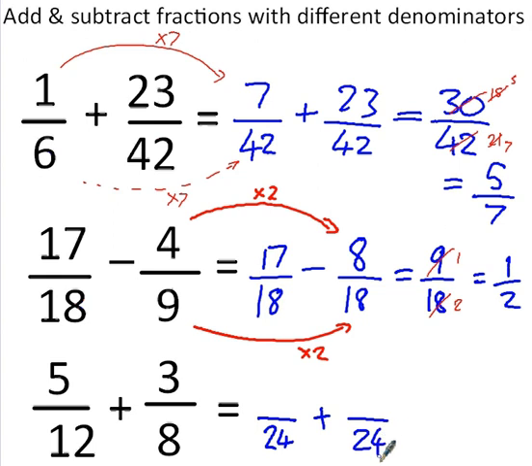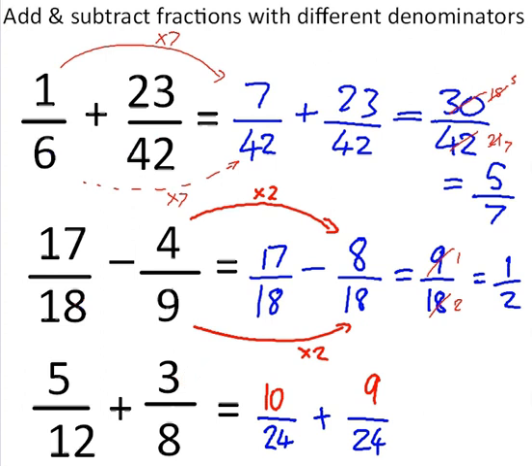Now I've got to work out an equivalent fraction for 5/12 in 24ths. That would be 10 over 24, because I've just multiplied the numerator and the denominator by 2. And an equivalent fraction for 3/8 in 24ths would have to be 9 over 24, because I'm going to multiply 8 by 3 to make 24, so then I'm going to multiply this one by 3 as well.